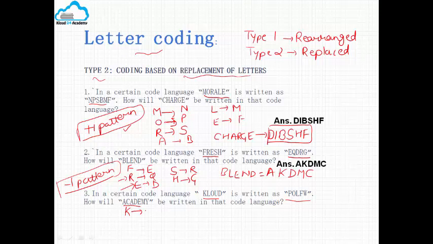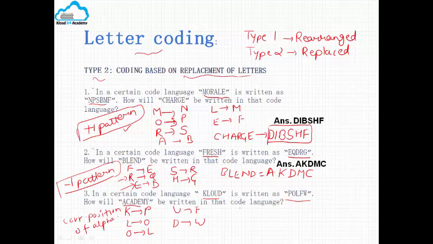K is replaced by P, L is replaced by O, O is replaced by L, U is replaced by F, and D is replaced by W. Now we can't see any +1, -1 or any sort of pattern. Try to identify. It's very simple. These are nothing but corresponding positions of alphabets from beginning to end.